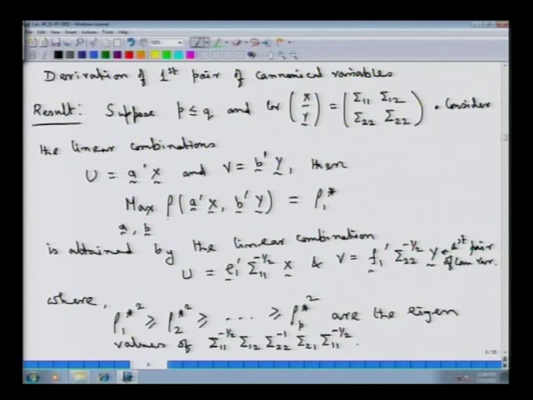So, this maximum correlation coefficient between the linear combinations A prime x and B prime y is attained at the value rho 1 star, where the rho star values are the square roots of the eigenvalues of this matrix.